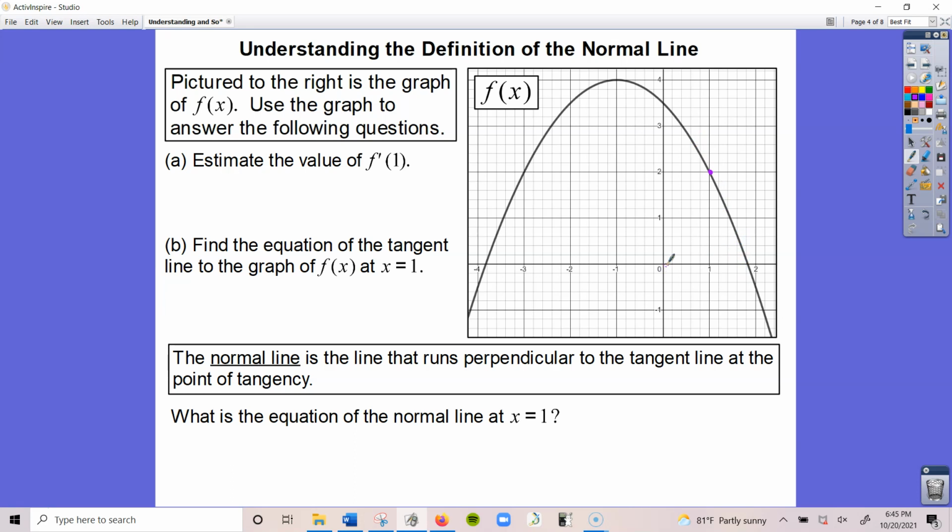You can choose any points you would like. Let's say if you choose 0 and 2. So these coordinates are 0, and then this point here is right in between 3 and 4, so we would use 3.5. And this one would be 2, negative 0.5. To estimate, we're going to find the slope.